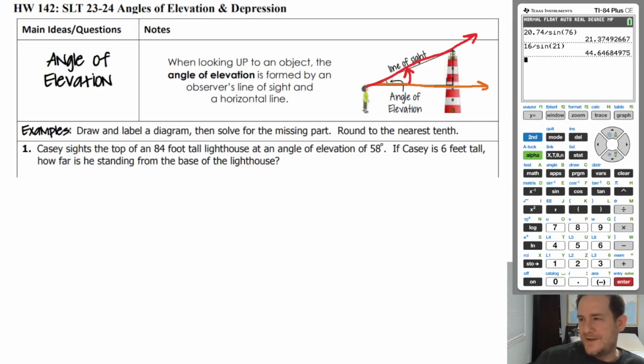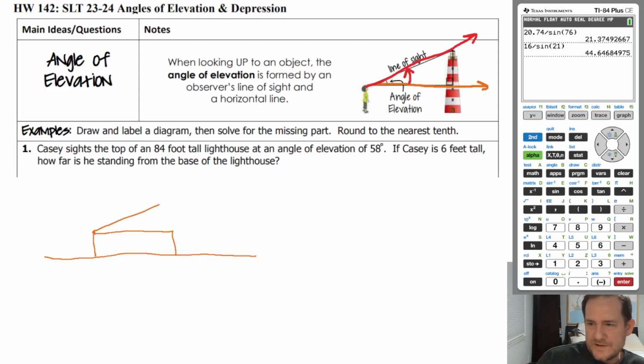Number 1 says that Casey sights the top of an 84-foot tall lighthouse. If Casey is 6 feet tall, how far is he standing from the base? This is kind of tricky because you basically have to imagine a rectangle with everything happening on top of it.